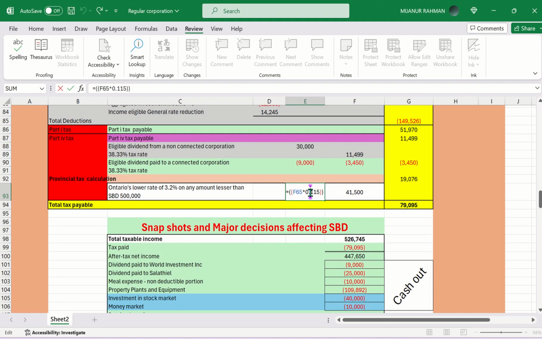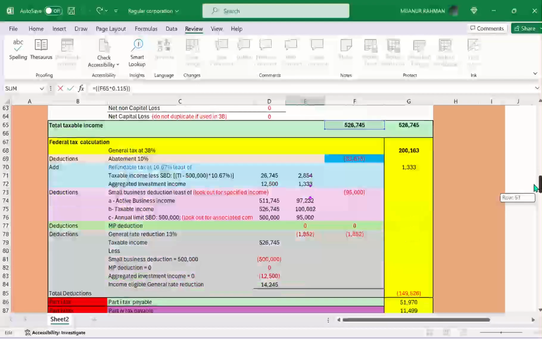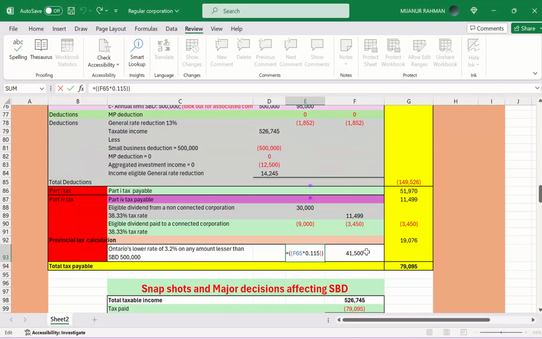Okay, we simply multiply the whole amount by the 11.5%, and then we take the 500,000 on the 8.30%.